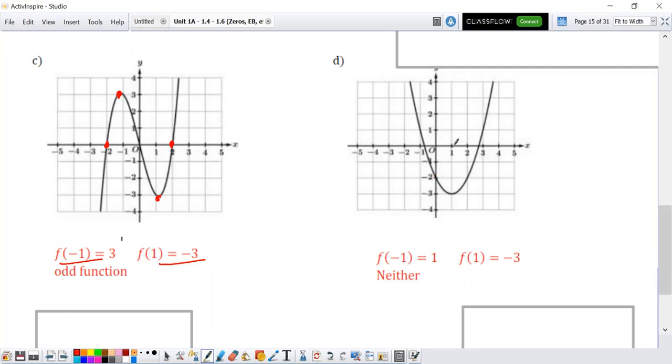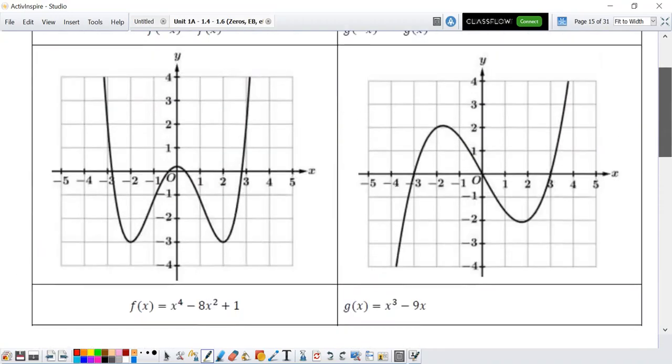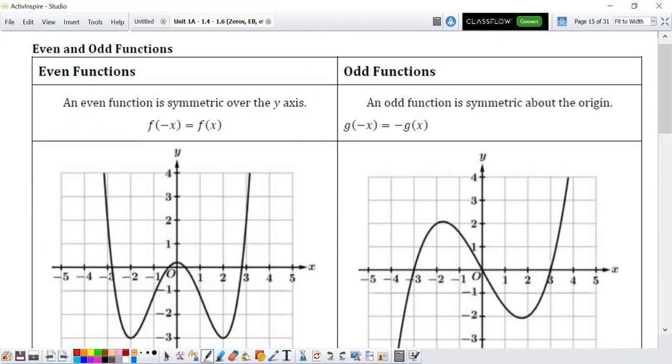So that's why it's neither. You can say f of 1 is negative 3, but f of negative 1 is 1. They are not the same. That's why it's neither. So the odd and even function topic you have already learned many times before. It's just that we are revisiting it and making sure that you are showing supporting work.